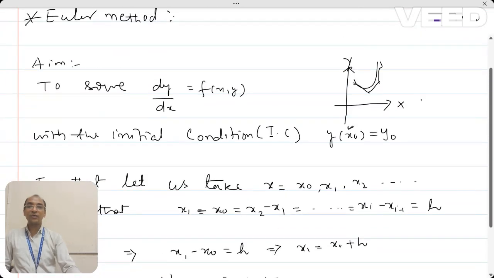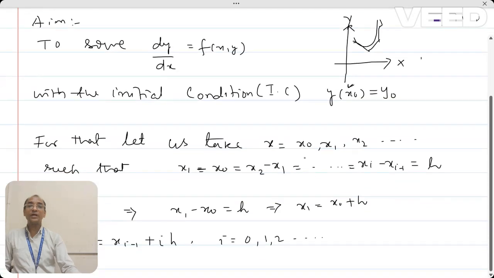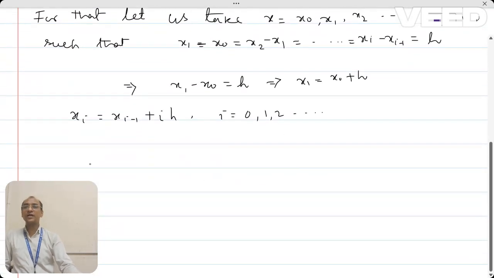Now as I told you, the Euler method is nothing but approximation of a given curve by a sequence of tangents. So let us write the equation of the tangent first.